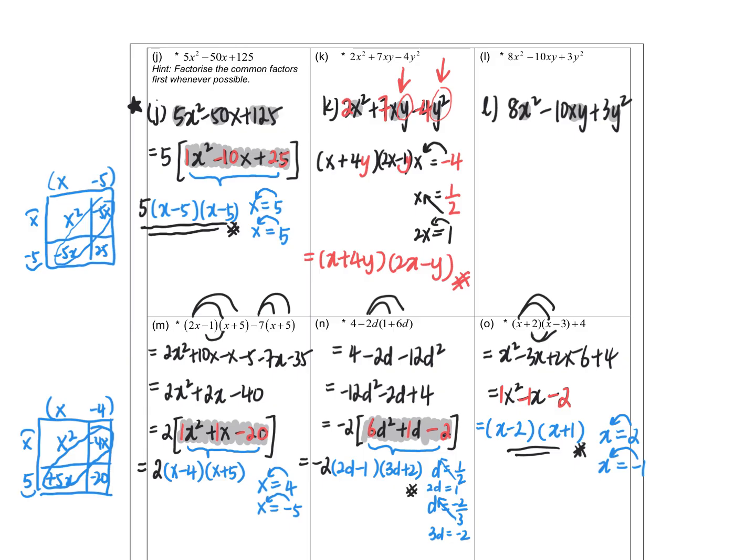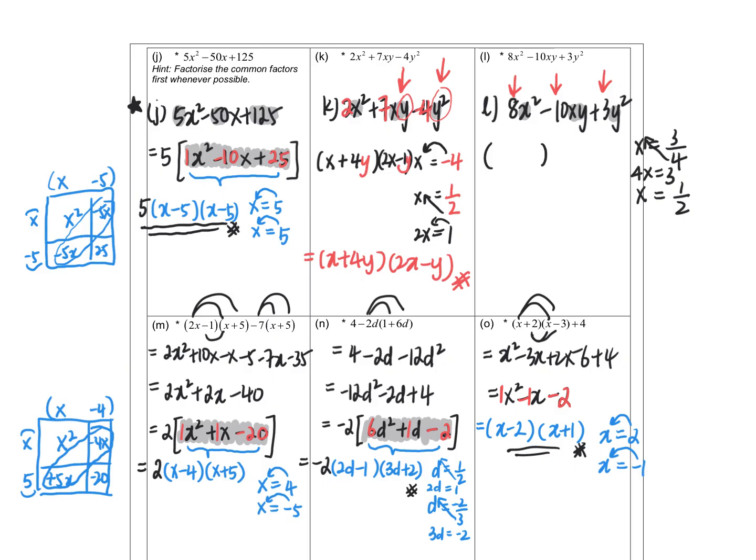Okay, same thing. We practice for L one more time. Key in 8, negative 10 and 3. They give you two answers. x is 3/4 and x is half. So if you cross back, you get 4x is 3. So what's the first factor you get?